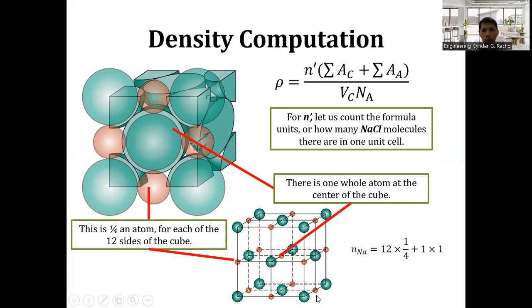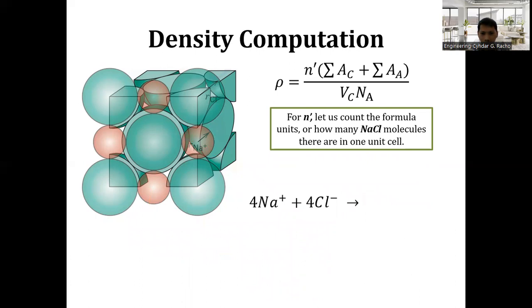So you have 12 times 1/4 plus 1 times 1. Why 12? You can count 1, 2, 3, 4, 5, 6, 7, 8, 9, 10, 11, 12. So you have 1/4 times 12 plus 1 whole atom at the center of the cube, that is 1 times 1. Therefore, your total atoms of Na is equal to 4 atoms.